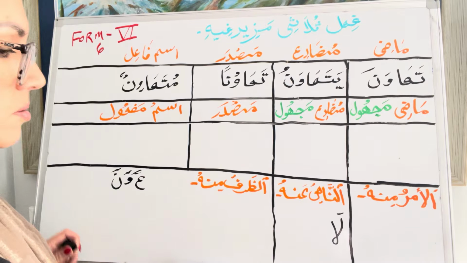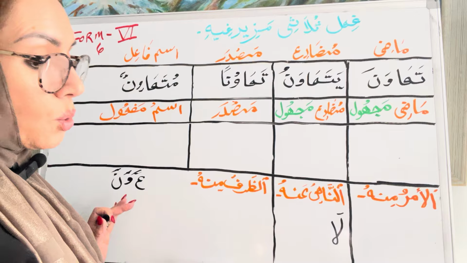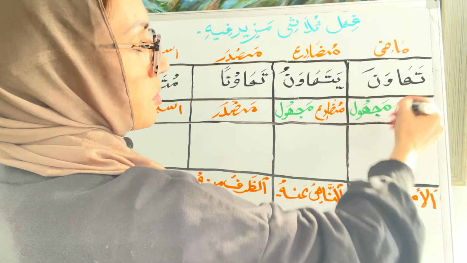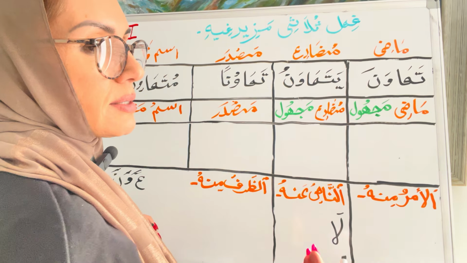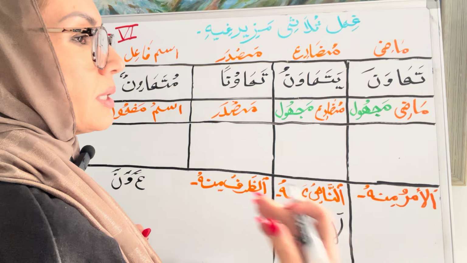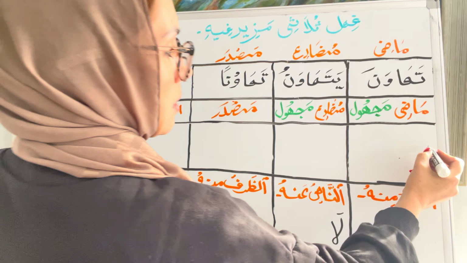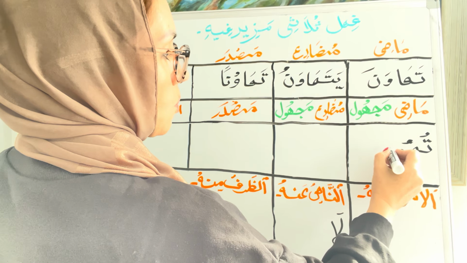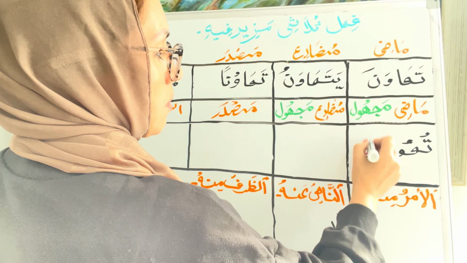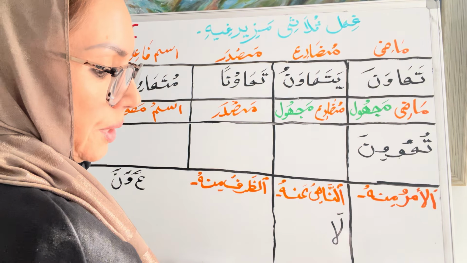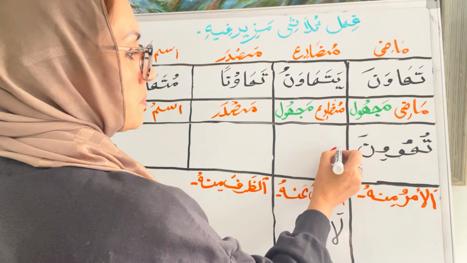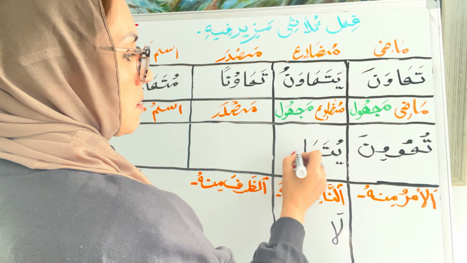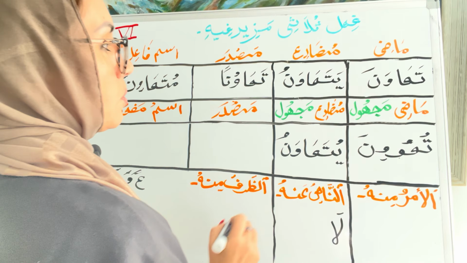Okay. Now we come to Madi Majhul. So now this becomes tu'uwina. Remember, alif goes back because we have to pronounce the u sound. So we have to bring the waw. So now that's why we have that du'u. Du'uwina, yuta'awanu.